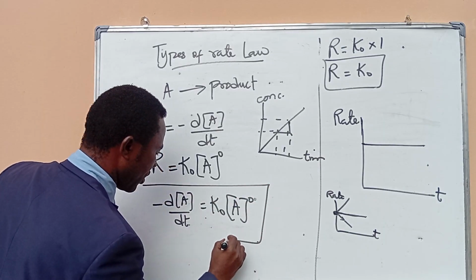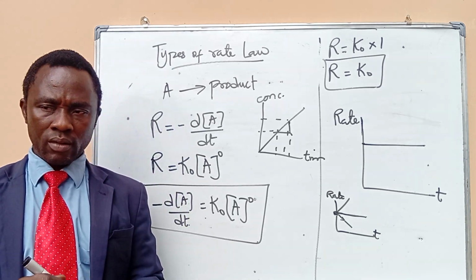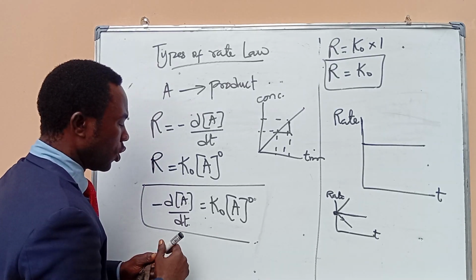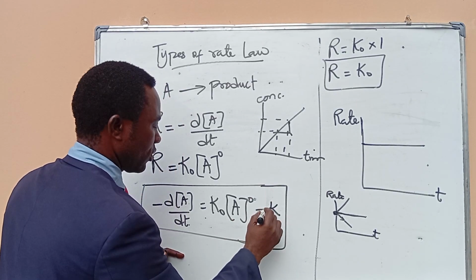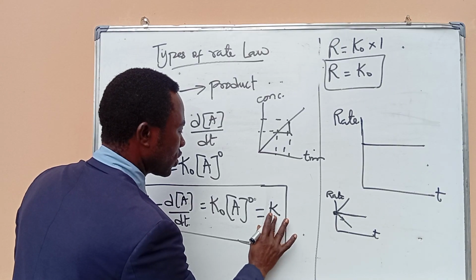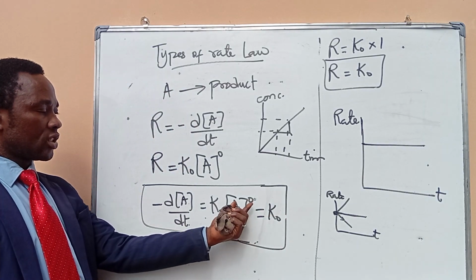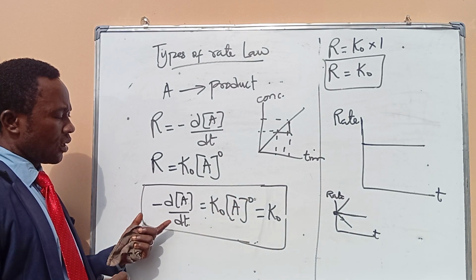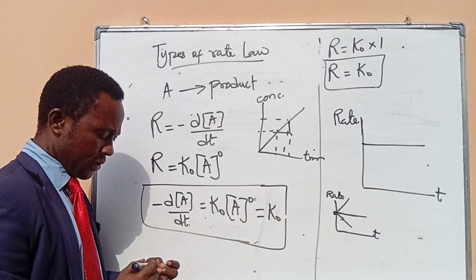This is what we call the differential rate law for zero order reaction. And of course, this is also equal to K0, because A raised to 0 is 1, multiplied by K, that is K0. So this is our differential rate law.